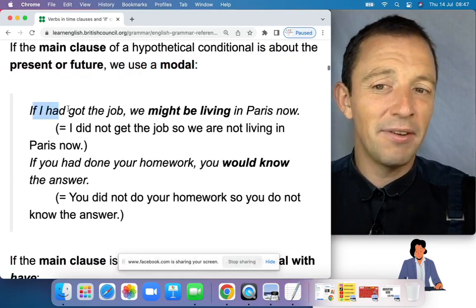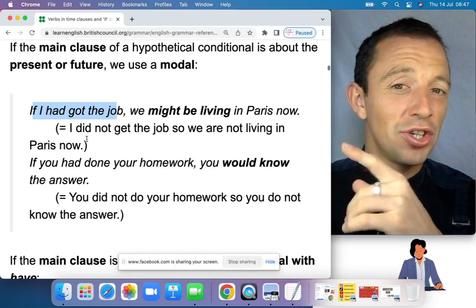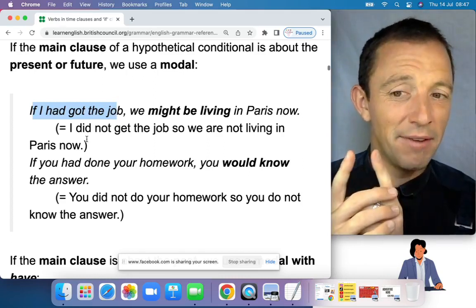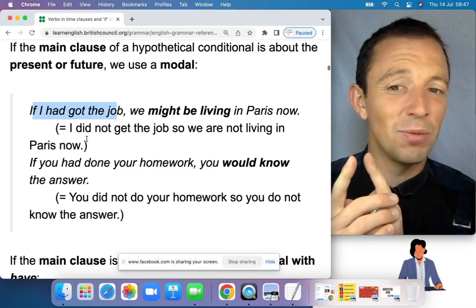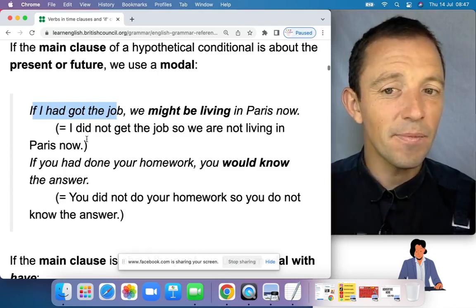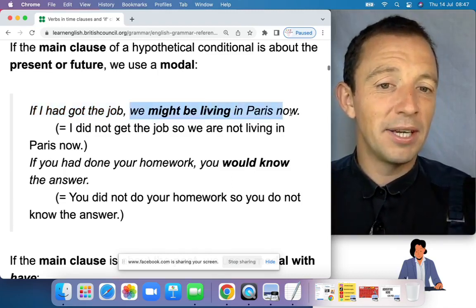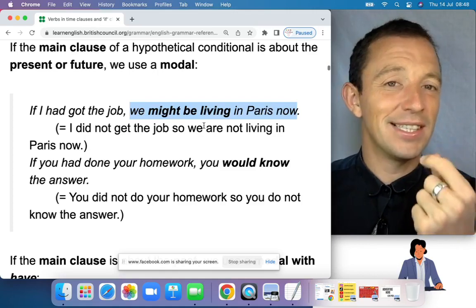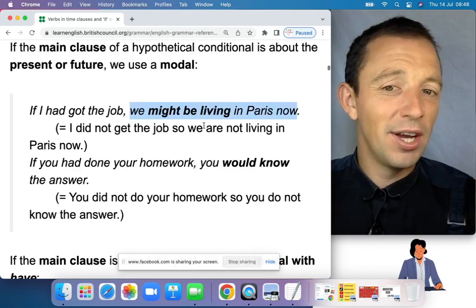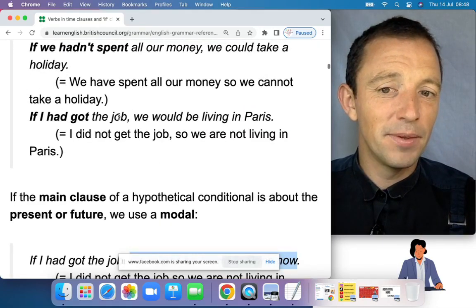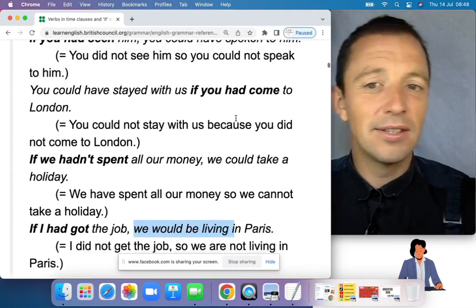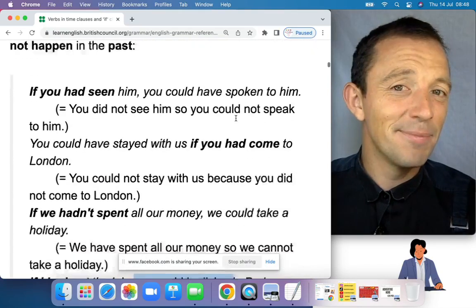For example, if I had got the job, this is the conditional clause. It's the past perfect because you are expressing something that did not happen. We might be living in Paris now because it's the present or the future, where the previous example is the past.